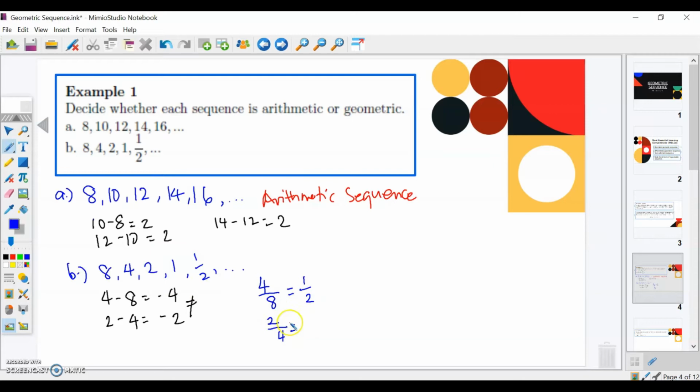If I divide them, this will also give me 1/2. Let's have another one: the fourth term and the third term. This is also equal to 1/2. Since we have a fixed ratio, which is 1/2, the given sequence is an example of a geometric sequence.